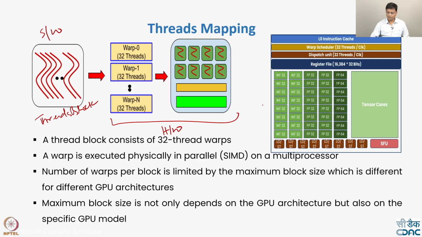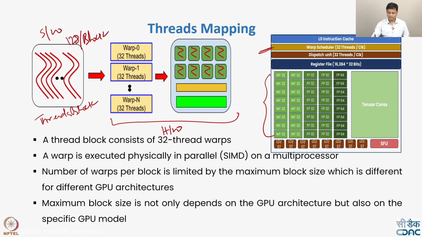Before actually mapping on the compute cores, these are the actual compute cores, threads have to flow to the warp scheduler. This warp scheduler divides the number of threads in a block into chunks of 32. For example, suppose I have only 128 threads per block.